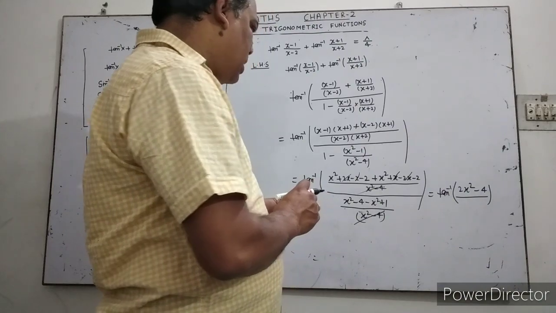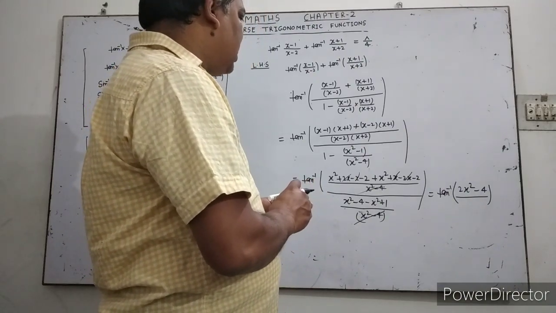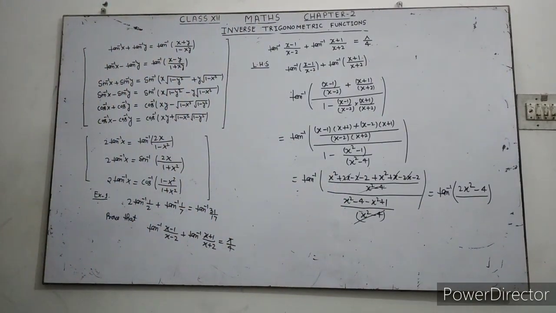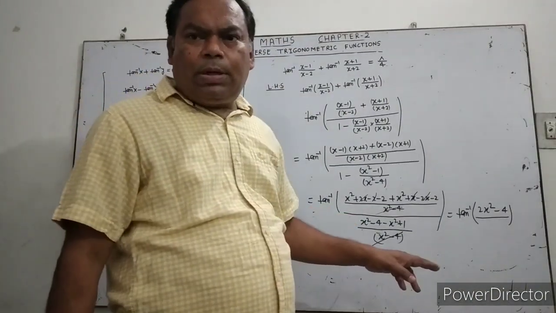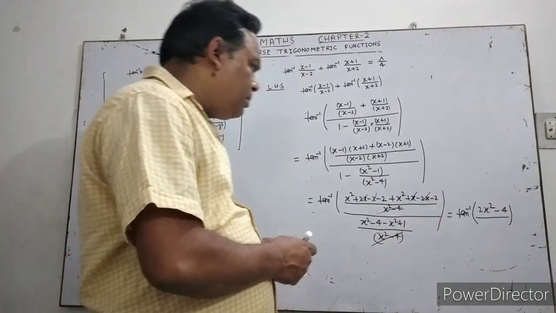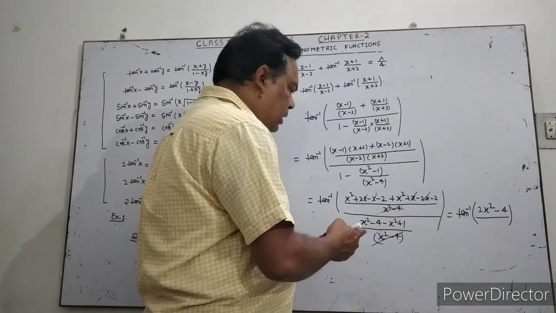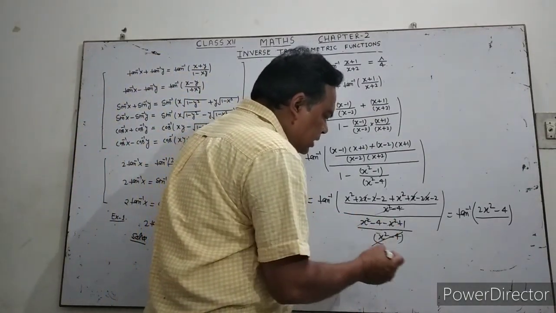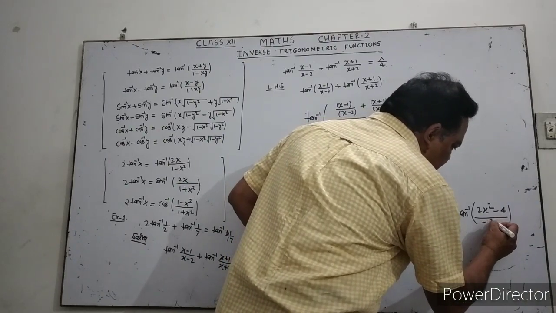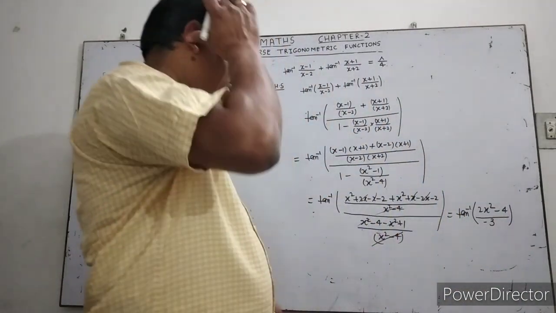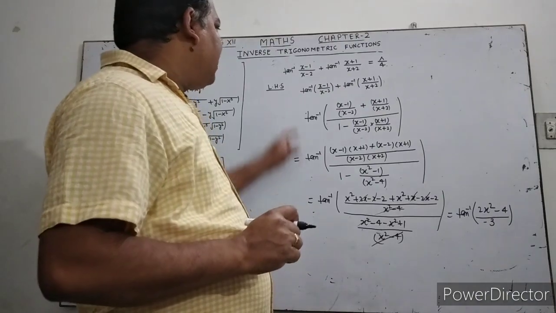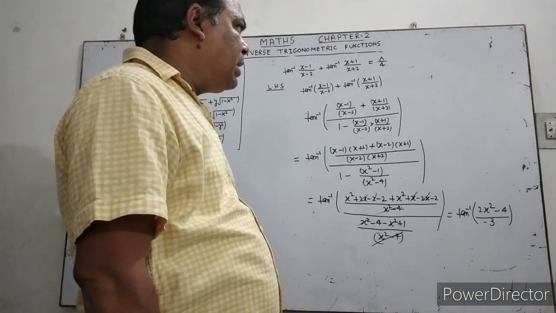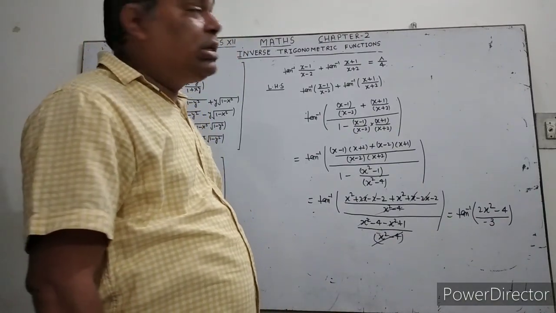The numerator is 2x square minus 4. Understand? Now the left hand side is tan inverse of 2x square minus 4 upon minus 3, but actually the question is to solve.